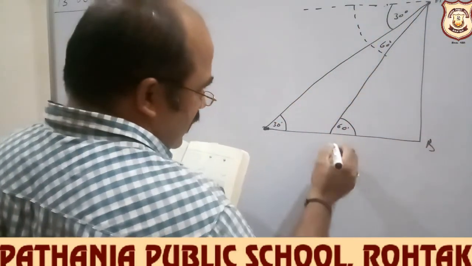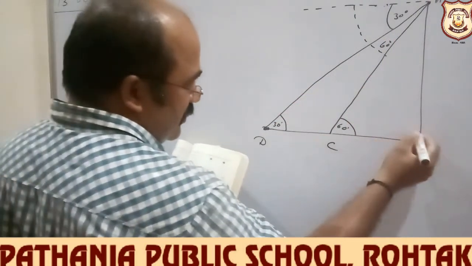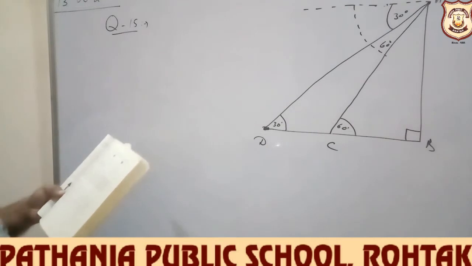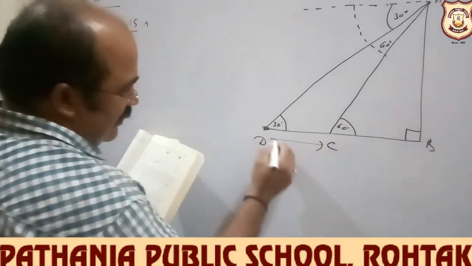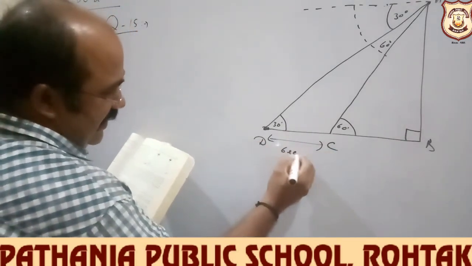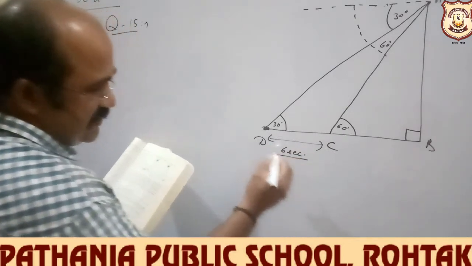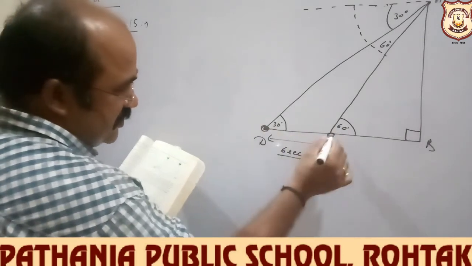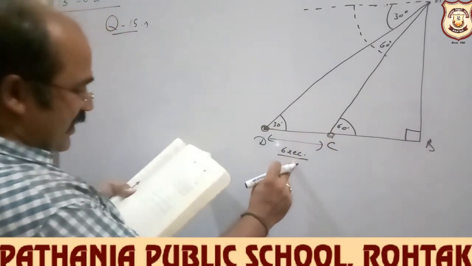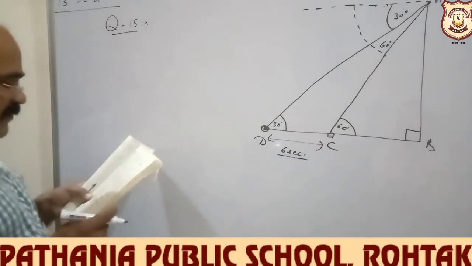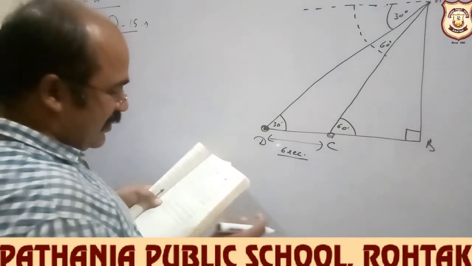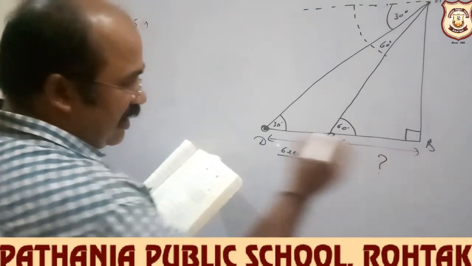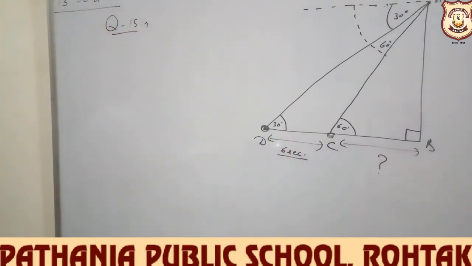A, B, C, D. See students, like this figure. So from here to here, time taken is 6 seconds. This one is not distance. The car will cover this distance within 6 seconds. They are saying find the time taken by the car to reach the tower. This one they are asking.